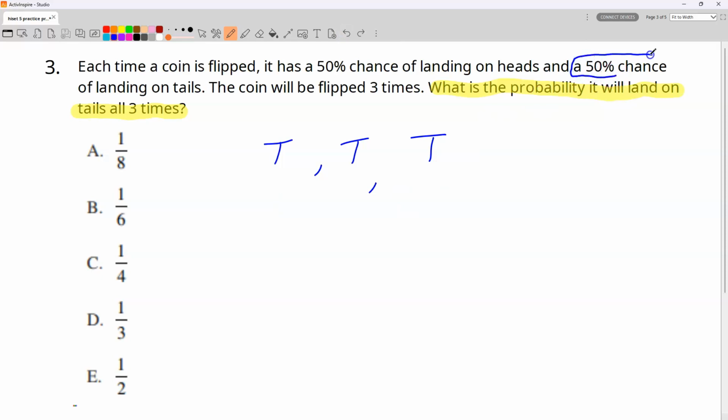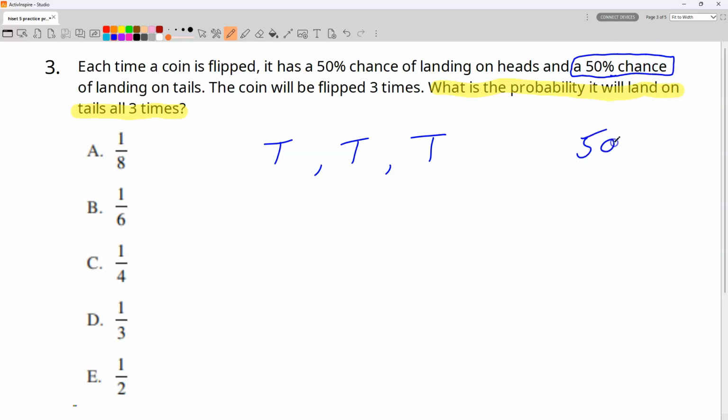There's a 50% chance, right? So I need it to be tails, tails, tails. I'm flipping a coin. For it to land on tails the first time, I have a 50-50 chance.